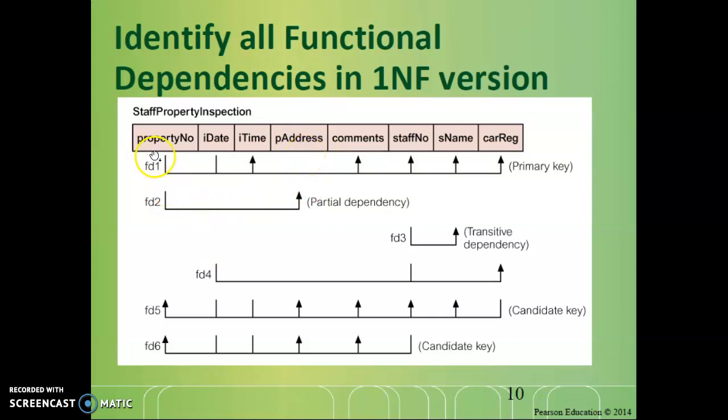If we know only the property number, we can identify the property address easily. So there is no need to know the inspection date to identify the property address. That is what this partial dependency is. So this partial dependency, functional dependency 2, needs to be removed.